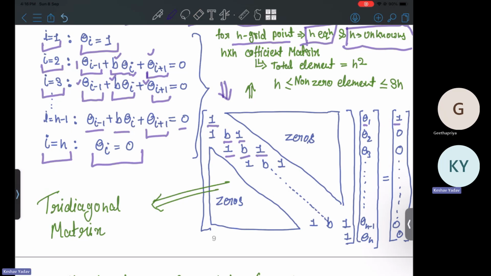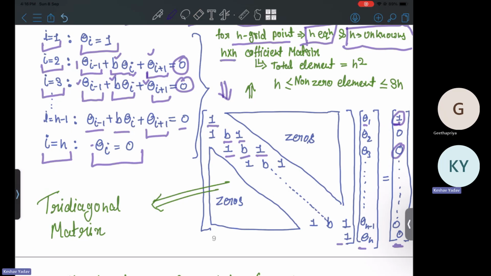For the last equation, we have theta n, whose multiple is 1. So here it is 1, theta n, and the RHS is 0. For the first equation the RHS is 1, and for the other equations the RHS is 0.